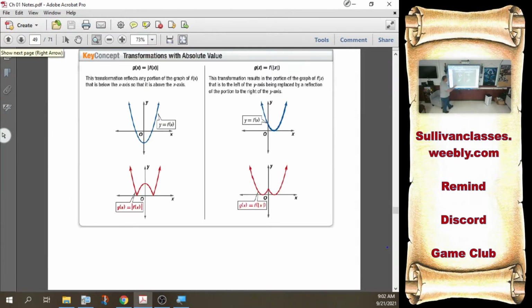All right, this is a transformation you did not see in Algebra 2. Absolute value. If I absolute value a function, remind me, what is absolute value? Distance from 0. 4 is 4 units from 0, but -4 is also 4 units from 0. So whether I absolute value an entire function or just the input is going to have different effects on my graph.